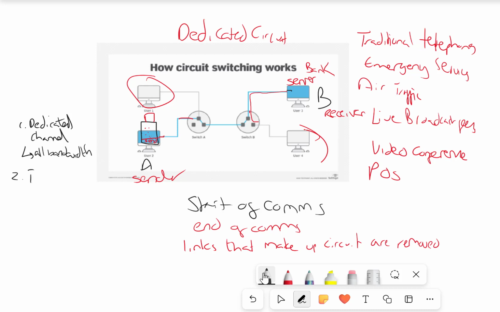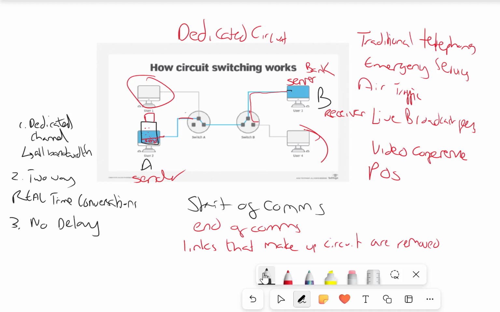It allows you to have two-way, real time, so simultaneous conversations. So it allows device A and B to talk to each other both ways at the same time without any lag, any delay. So no delay.